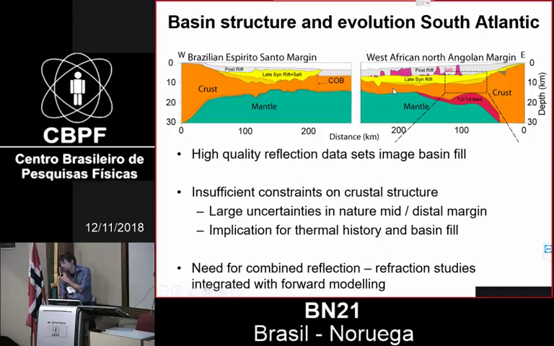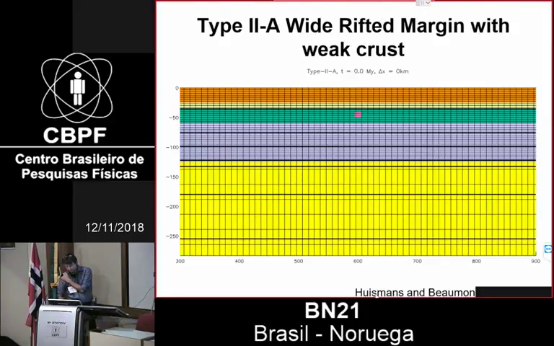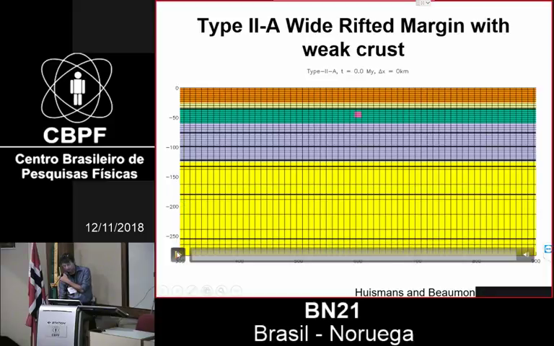This has implications also for thermal history and basin fill, which is why it has relevance for exploration. And so there's a need for combined reflection and refraction seismic data integrated with forward modeling, as also said by Ricardo, and one of the aims of the collaborative project we're setting up. So here is a typical model now that we believe matches some of the observations in the South Atlantic.